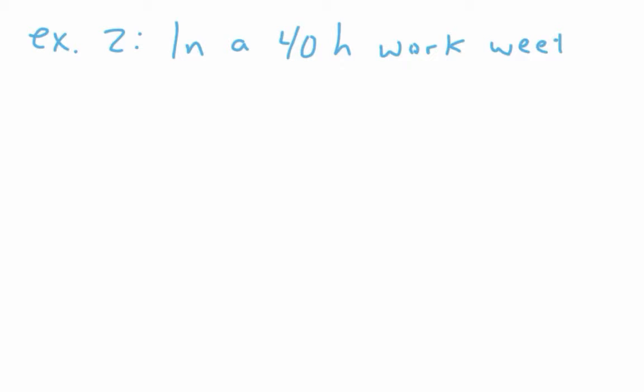So my notes really from here just consist of 3 examples, and then we're pretty much done. So example, let's probably call it 2, because we already did 1 example kind of. I'm going to say in a 40-hour work week, Butch makes, I did $380.